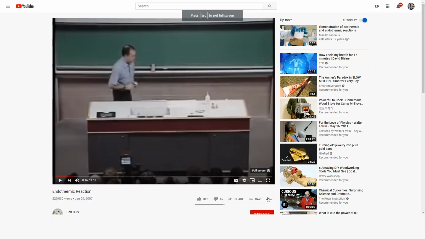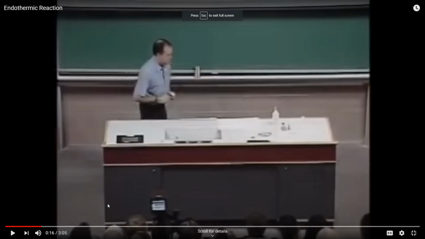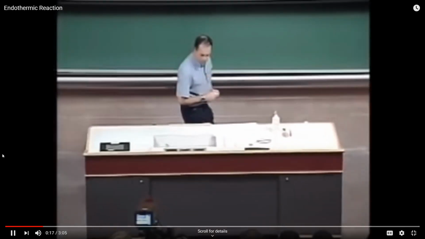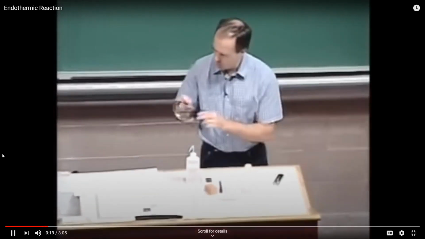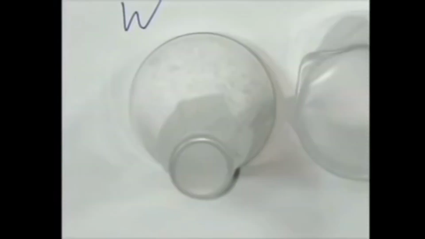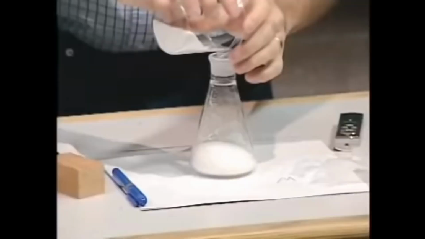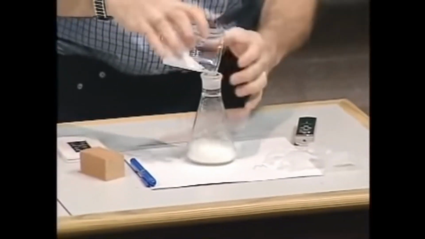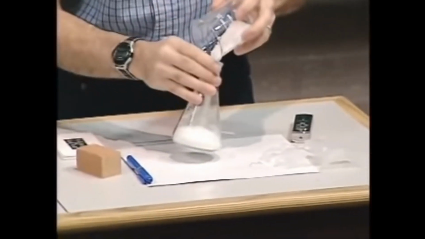Example of an endothermic reaction is one that I usually like to do in class, but I like the way this guy does it. I brought some barium hydroxide octahydrate and some ammonium nitrate, and I'm going to combine them. There's the ammonium nitrate, and there's the barium hydroxide. And I'm going to mix these two together. Hopefully I can get it all in there without spilling it.